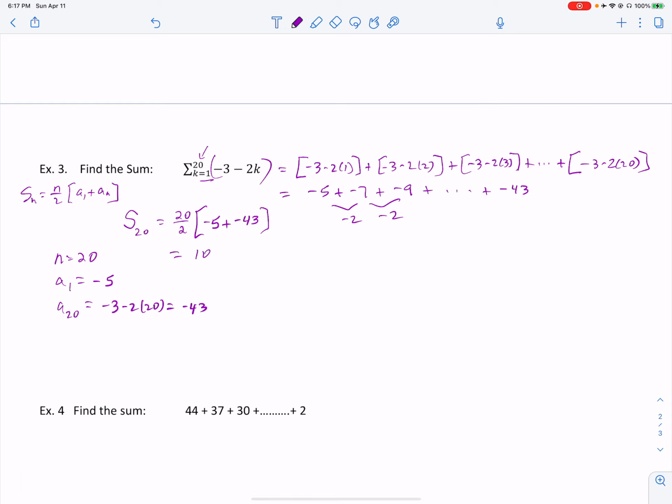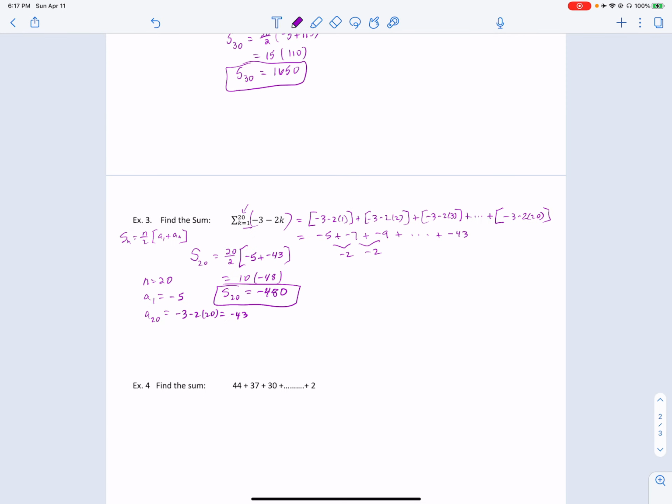So you get 10 times a negative 48. And so S sub 20 is a negative 480. So everything kind of shows something a little bit different.